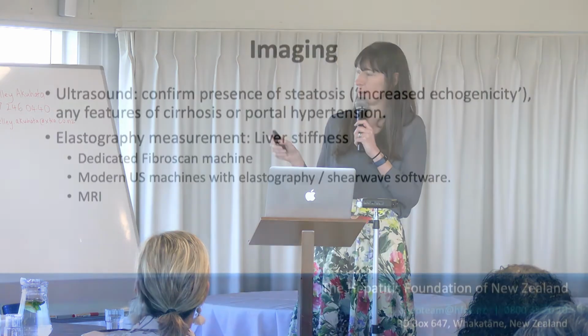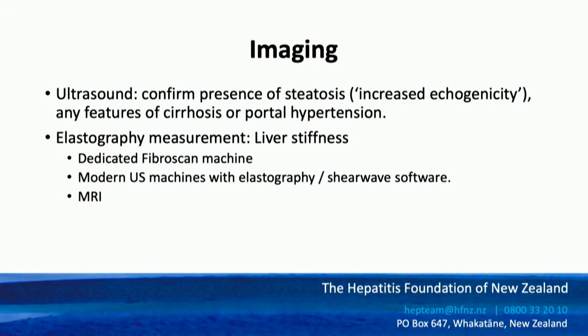If I was in a DHB that had easy access to a fibroscan, I'd just be getting my liver nurses to do a fibroscan, but I personally don't have a fibroscan machine in my department, so I'm relying on radiology for an elastography score. MRI is really only research only. I think I've got a comment on fibroscan further up.